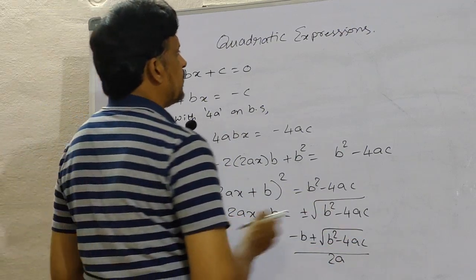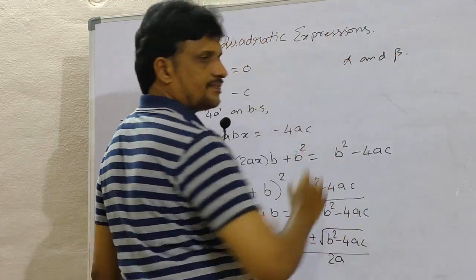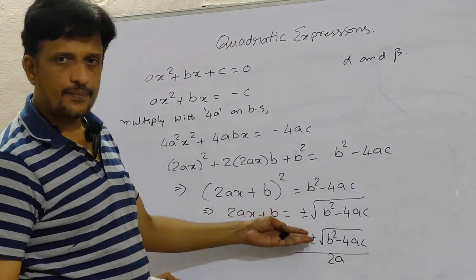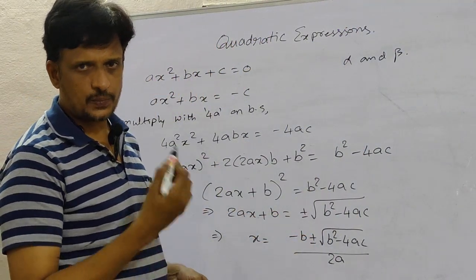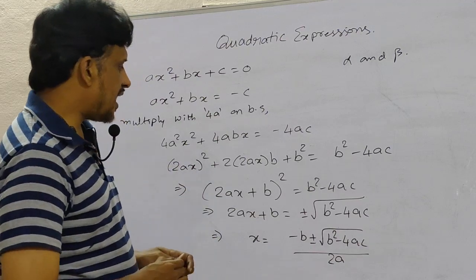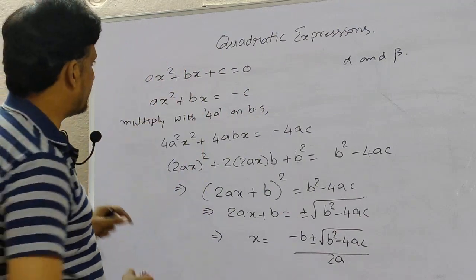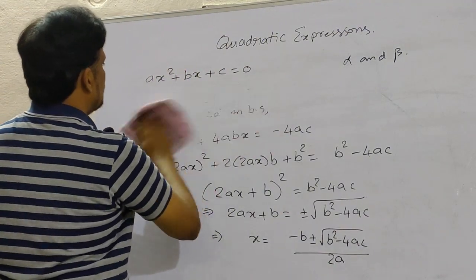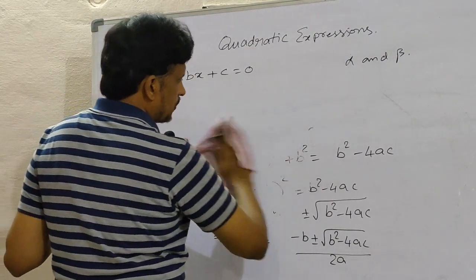Usually these roots are denoted by alpha and beta, where usually the least of the two roots is denoted by alpha, other one is beta. Okay, and now one more important concept regarding the roots here. A quadratic equation has two roots.